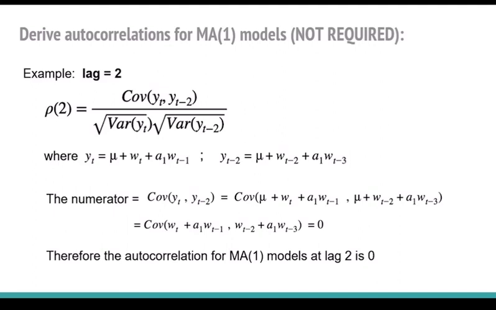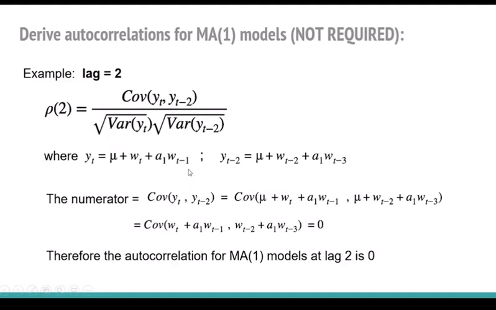Any lag greater than one, the autocorrelation is going to be equal to zero. So the only autocorrelation value we can obtain is at lag one, and any lag greater than one is going to be zero, and that is the reason why at lag two here you can see we're able to show that it is equal to zero.